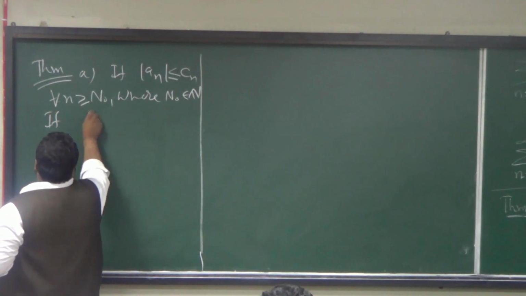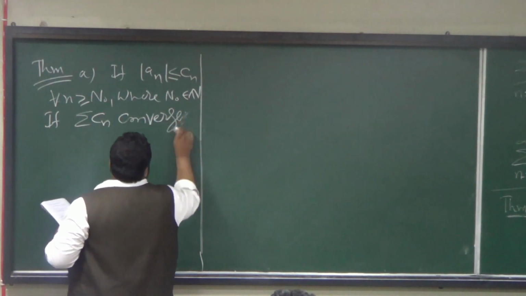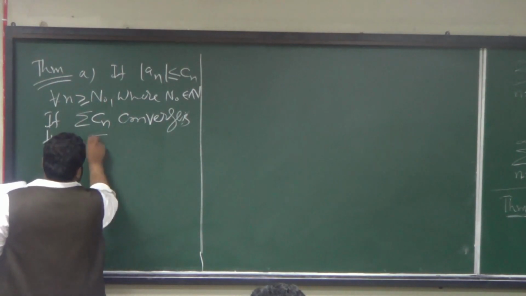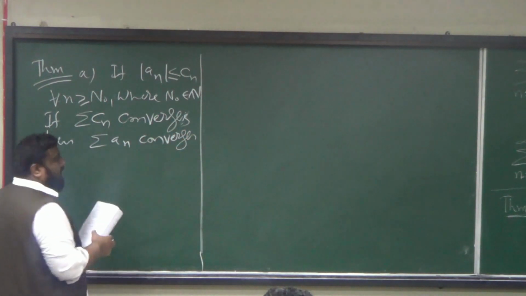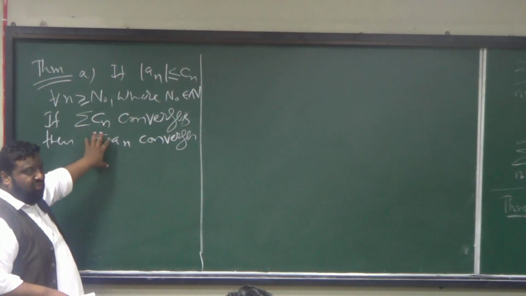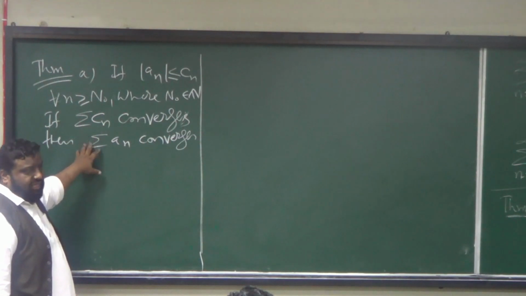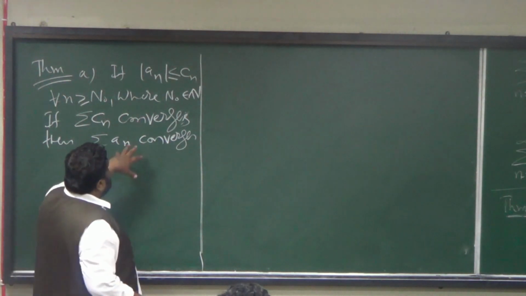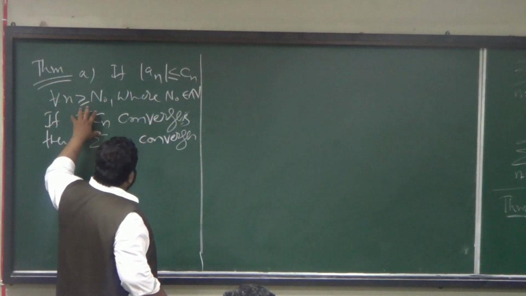Now, if the sum of Cn converges, then the sum of An converges. From now on, I will not write n equal to 1 to infinity. If I'm not writing it, assume that it's 1. If I have to write the index, I will write it explicitly. So it's like one sequence is dominating the other, and you have series.